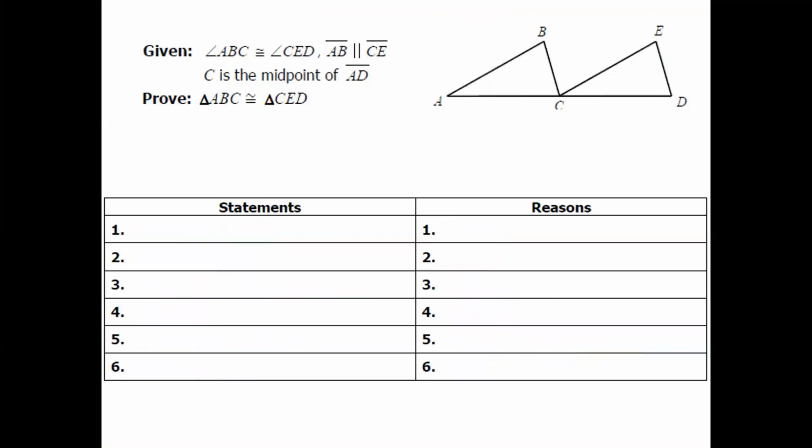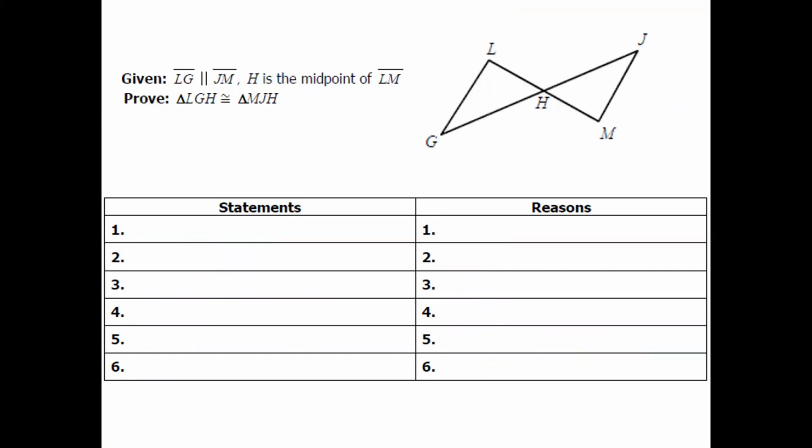Moving on to the next one, we're given two parallel lines. So LG is parallel to JM, and then we're also told that H is the midpoint of LM. So those are going to be our first two lines.